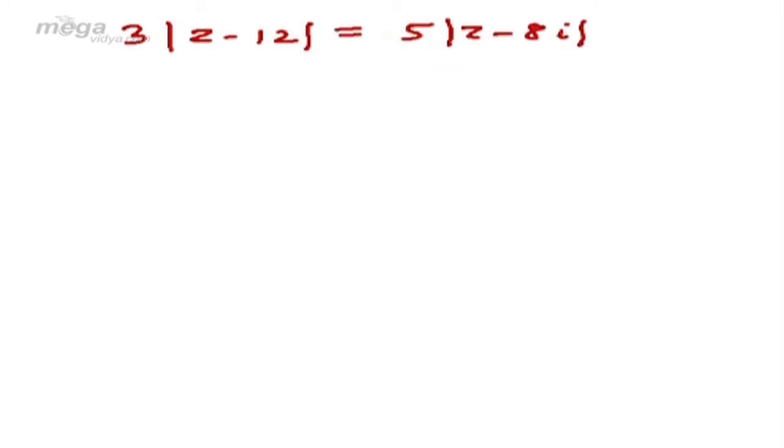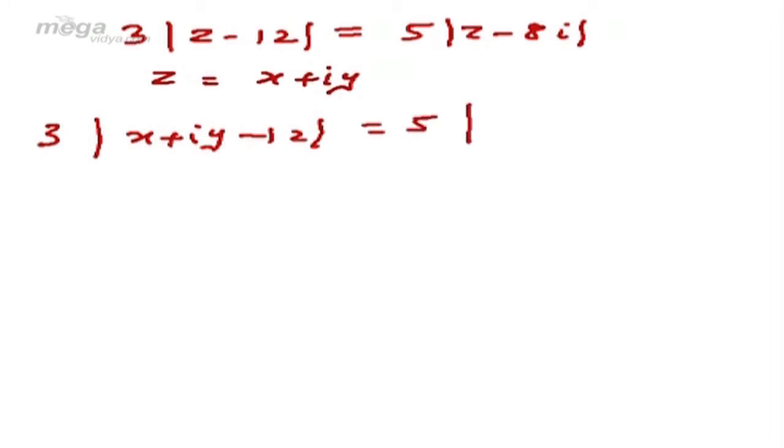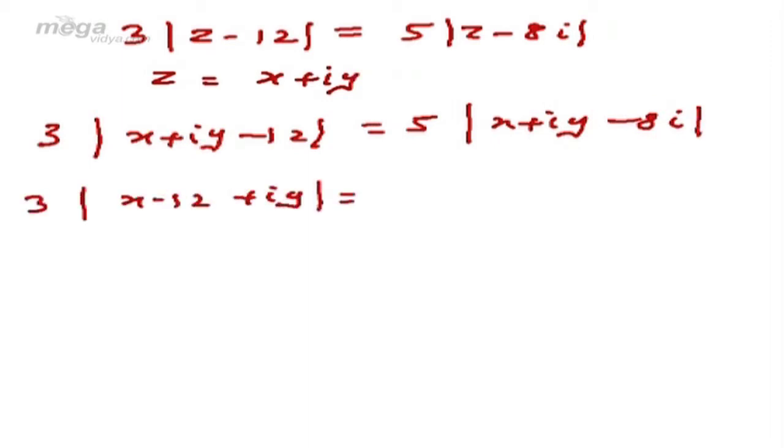Now you put z is equal to x plus iy. 3 into mod of x plus iy minus 12 is equal to 5 into mod of x plus iy minus 8i. So 3 into mod of x minus 12 plus iy is equal to 5 into mod of x plus i times y minus 8.